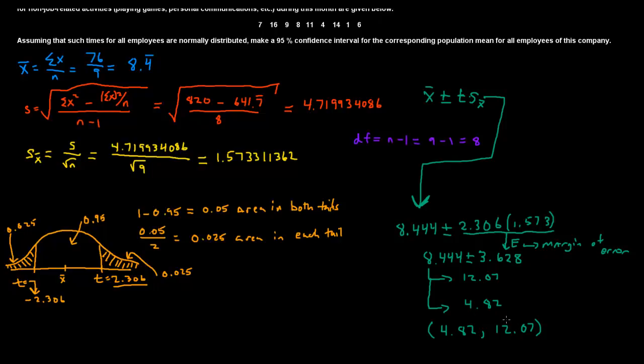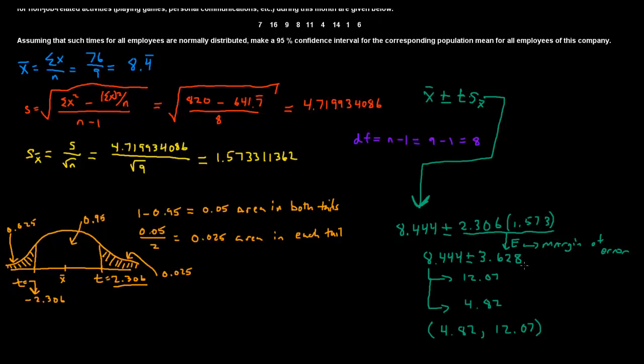Again, we're using sample data to estimate a population parameter. We used x-bar to estimate mu. So we're pretty sure, with 95% certainty, that mu is somewhere between 4.82 and 12.07. Now, just like before, let's say the margin of error was too big.